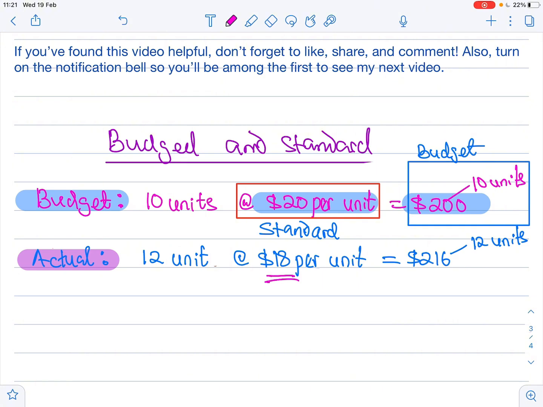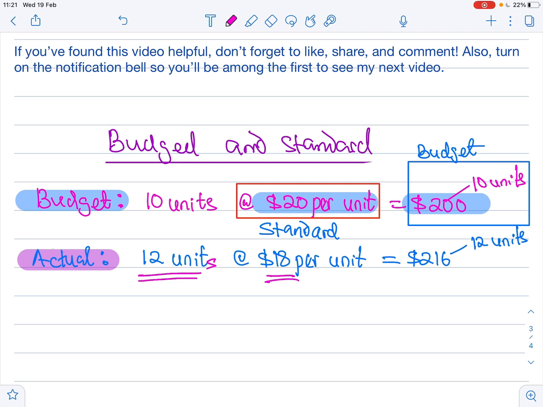So you want to buy 12 units, and each is $18. How much are you going to spend on these 12 units? It's going to be 12 multiplied by 18, and that will give you $216.